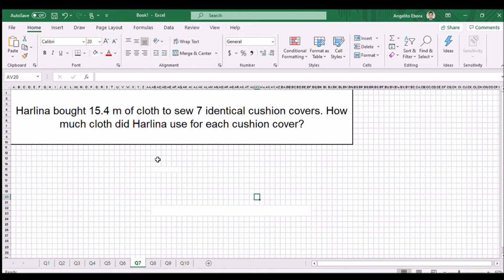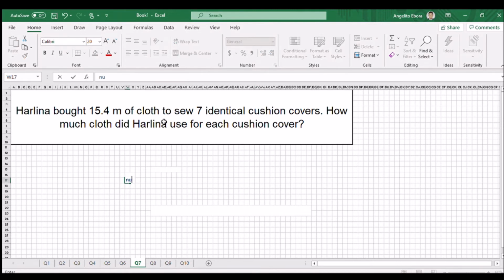Going back to the concept of multiplication, number of groups times number of items in each group is equal to total. So if we're looking for the each, we need to divide.